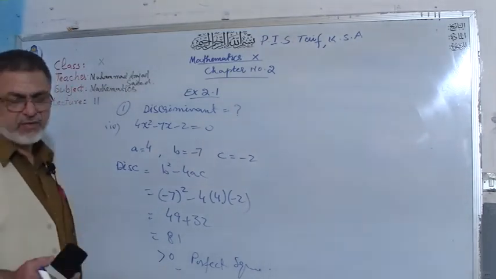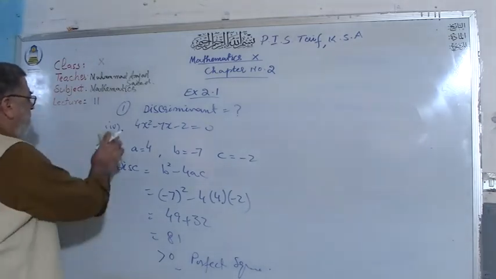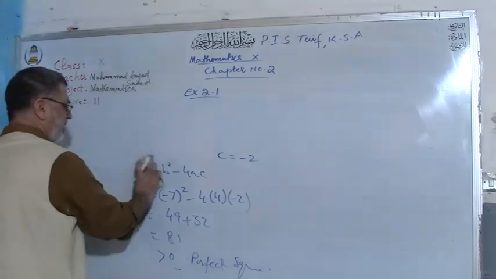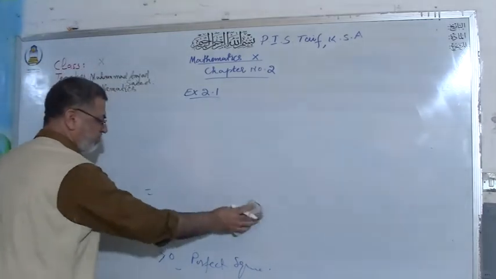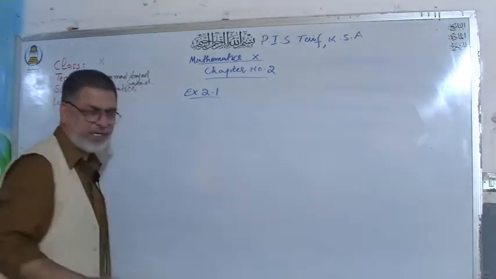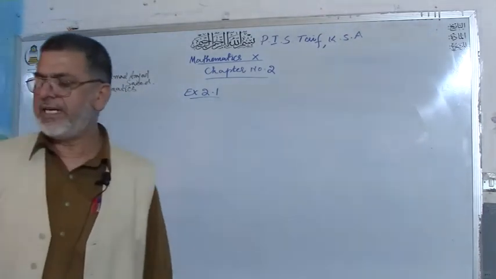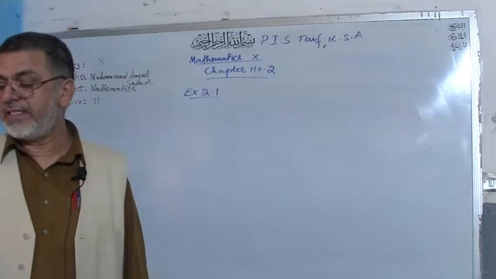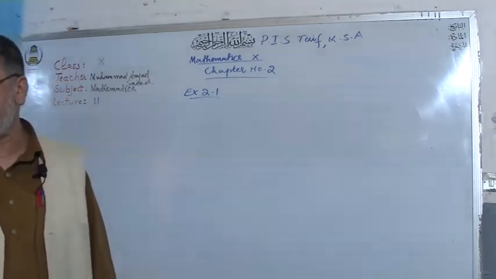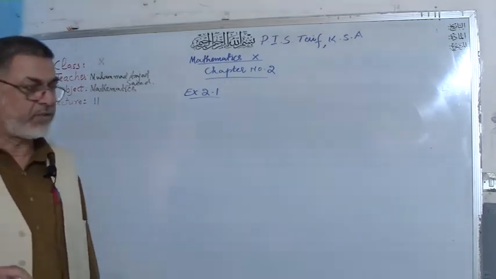After that, question number 2 is a little bit of an extension of question number 1. What I was telling about the nature of roots, here it is asked in question number 2. And also we have to verify the result of the equation. So we have to do 2 things.